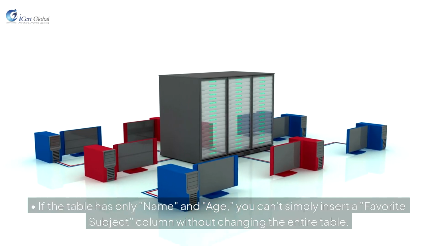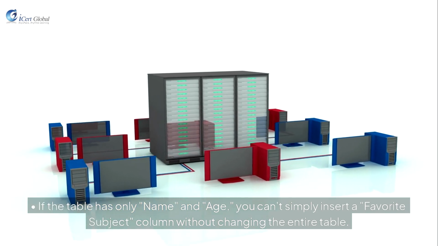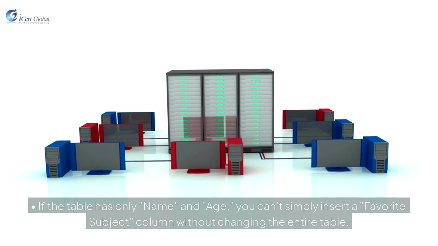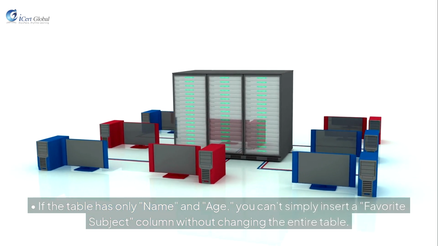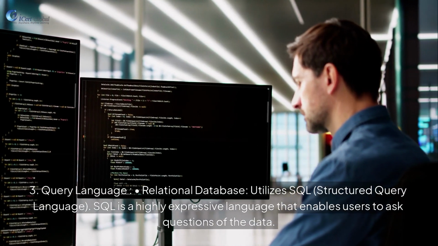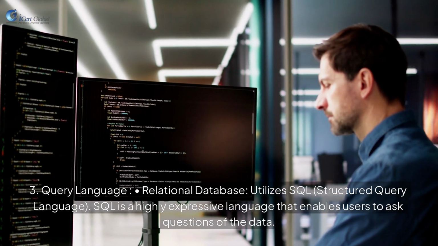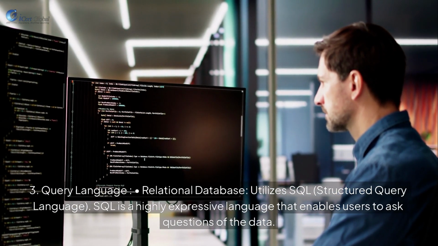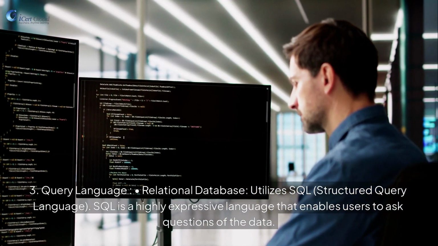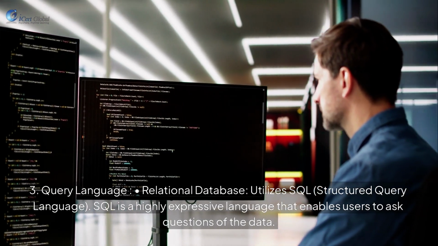If the table has only name and age, you can't simply insert a favorite subject column without changing the entire table. 3. Query language. Relational database utilizes SQL, structured query language. SQL is a highly expressive language that enables users to ask questions of the data.